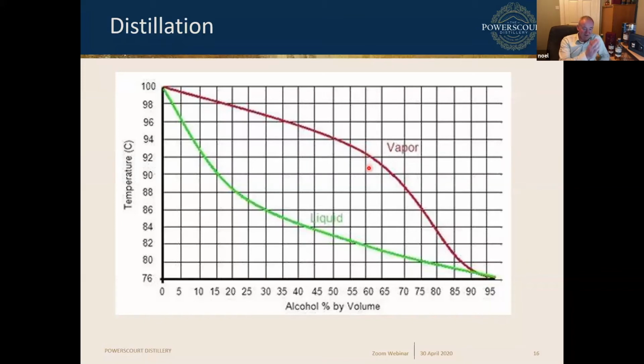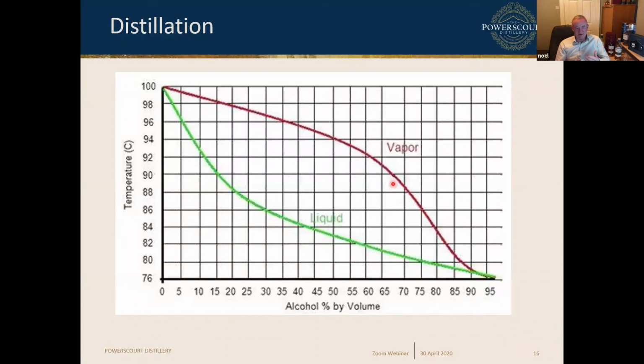And again, if that liquid at 55 is distilled, you'll see the alcohol content quickly crosses over to somewhere around 82 or 83% alcohol.